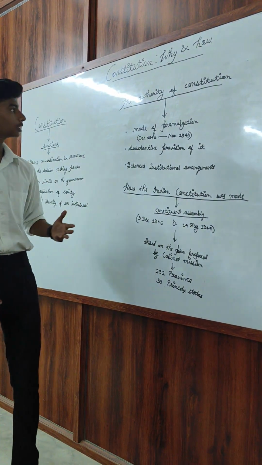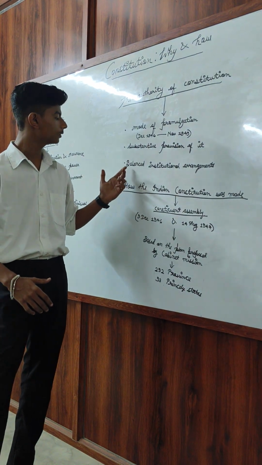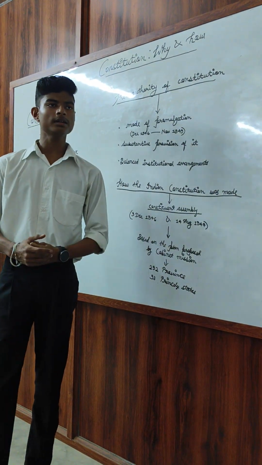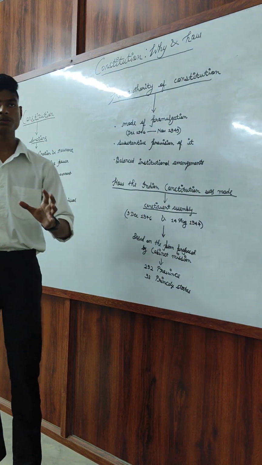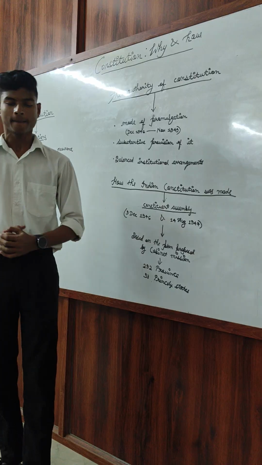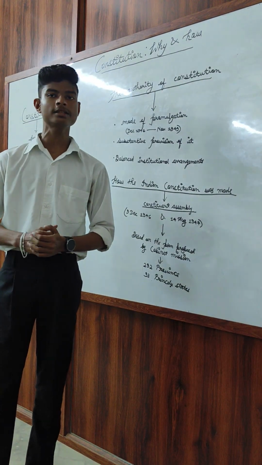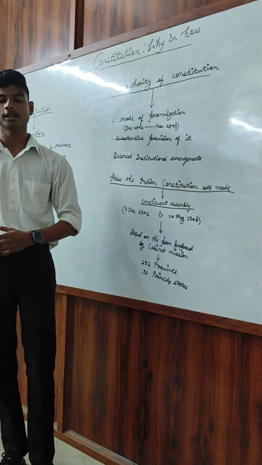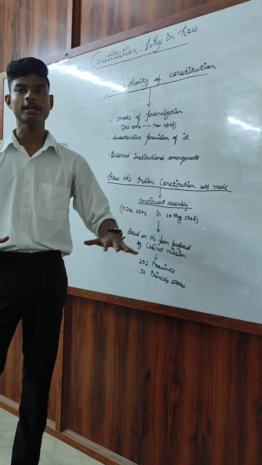The third authority of the constitution is balanced institutionalism. In many countries, a small group tries to subvert the constitution, but this is not the case in India, because the institutions are arranged in such a way that no single institution can subvert the other. There is a clear check and balance.